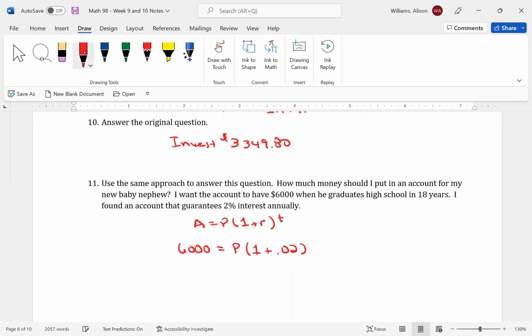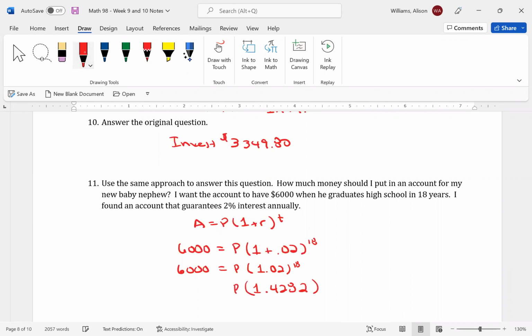Since he's a baby, I have 18 years to save up. So I'm going to plug into the calculator 1.02 to the 18th power. We'll use 4 decimal places, and I get 1.4282.